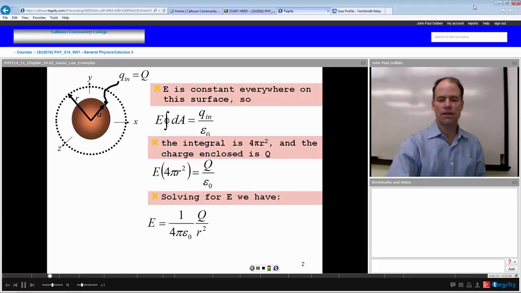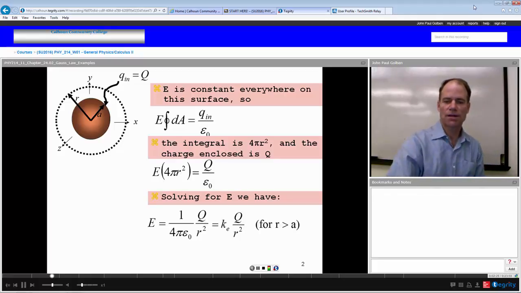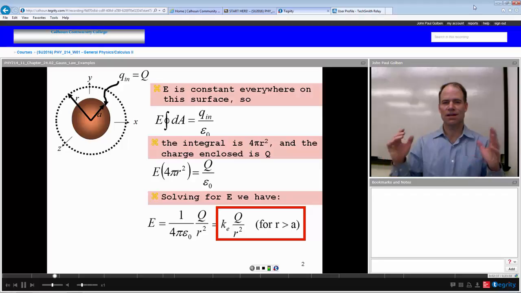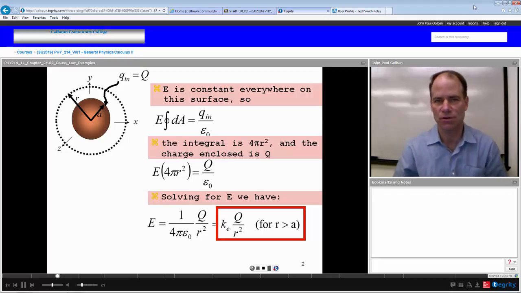Solving for E, we have E is equal to 1 over 4 pi epsilon naught, big Q over r squared, which is our K electric, big Q over r squared. This E field looks like a point charge if we're at a distance r greater than the radius of the spherical distribution itself. Makes sense. We've seen that result before as we get further away.